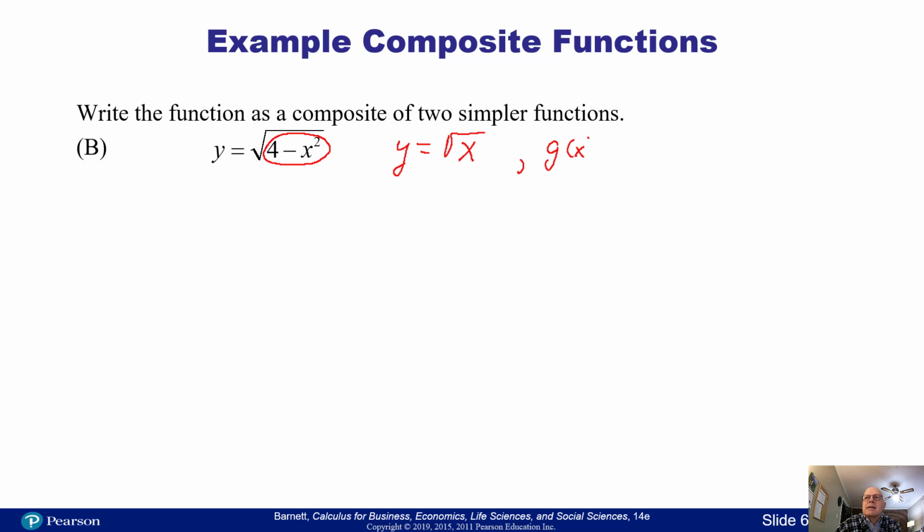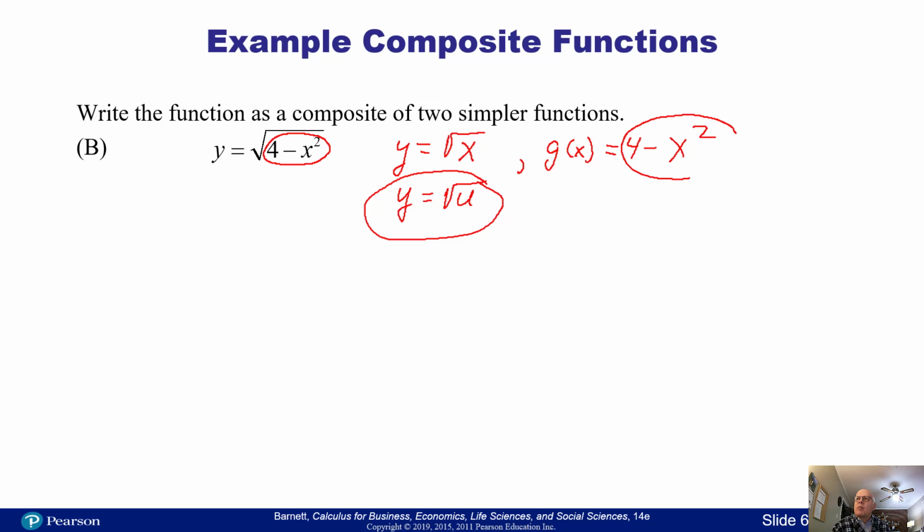And g of x will be the inside function, 4 minus x squared. And over in the previous one, I referred to this as the square root of u. And this is our second one. So those are the two simpler functions, square root and 4 minus x squared.